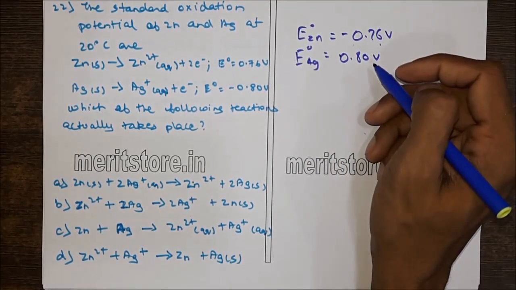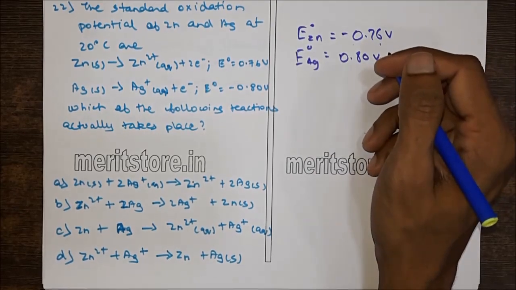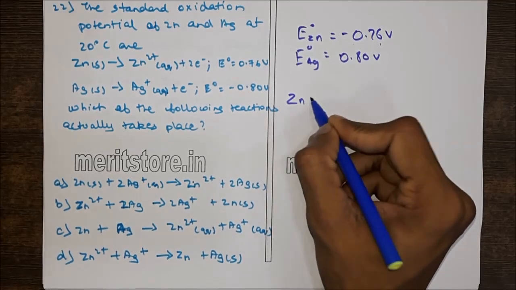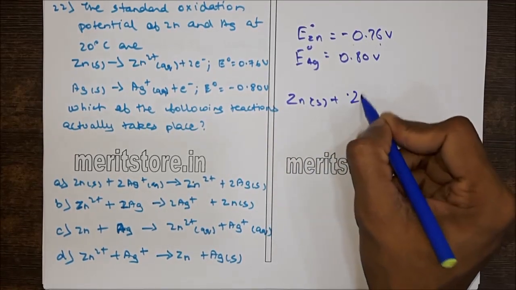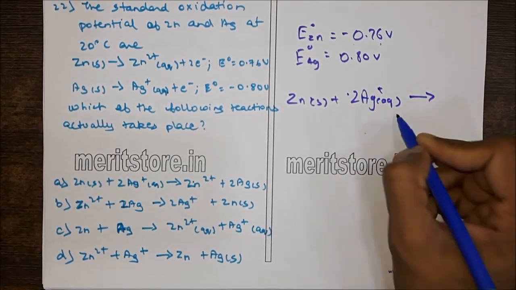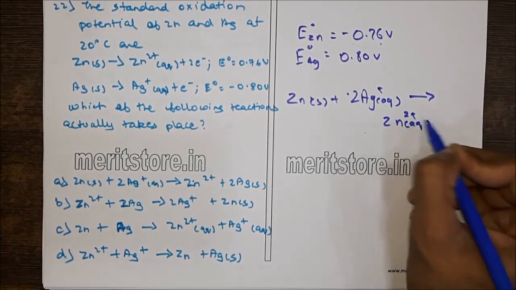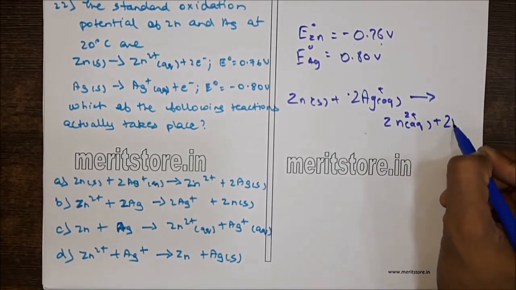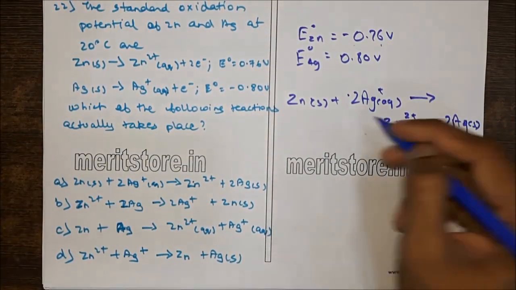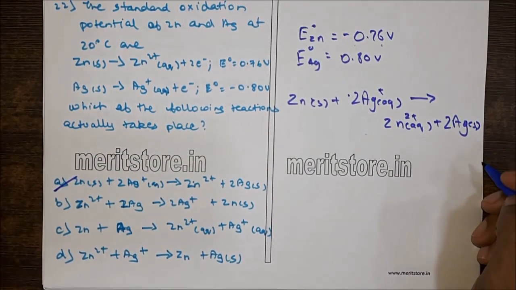Since the reduction potential of silver is more than that of zinc, silver will get reduced and zinc will oxidize. Hence the reaction is Zn solid plus 2Ag⁺ aqueous gives Zn²⁺ aqueous plus 2Ag solid. Therefore, our answer matches option A. Option A is the correct answer.